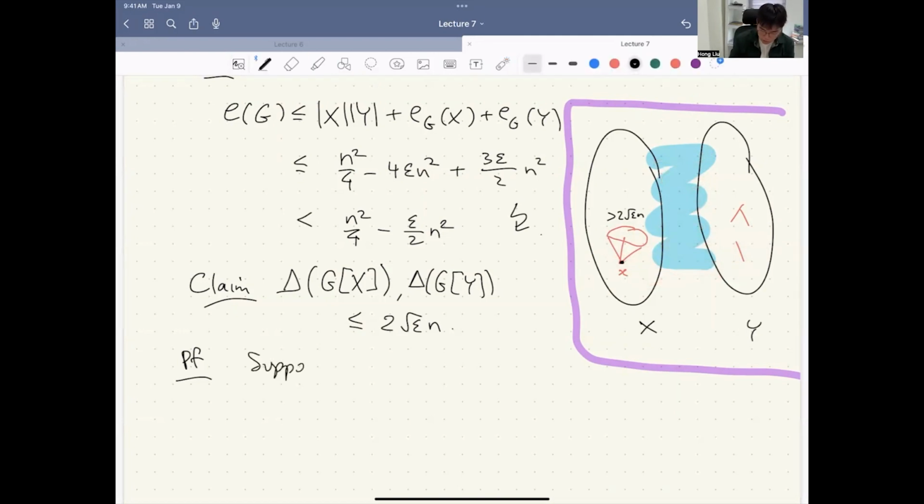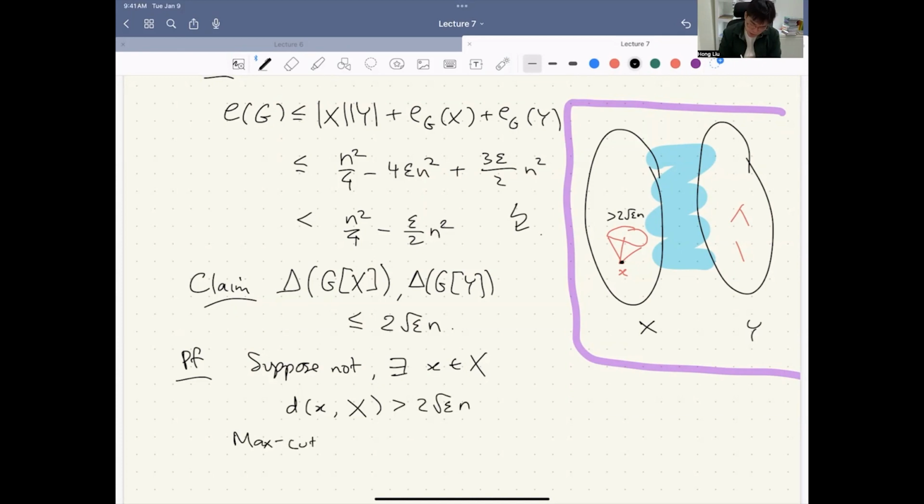Suppose not. So we have x in X where the degree of x in X is more than square root of epsilon n. Max cut implies the degree of x in Y is at least the degree of x in its own part, which is also large, right?